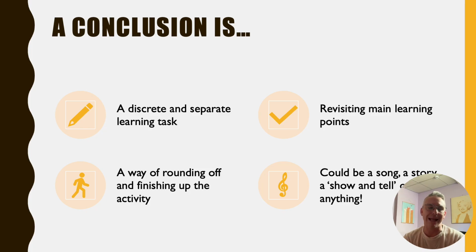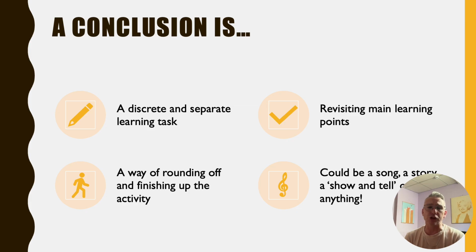Here's what a conclusion is. It's a discrete and separate learning task within your activity. You'll be revisiting and reinforcing the main learning points that you set out to achieve. The conclusion will be a way of rounding off, finishing up the activity.